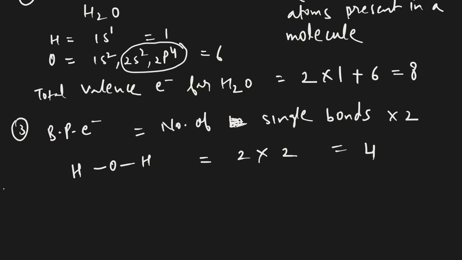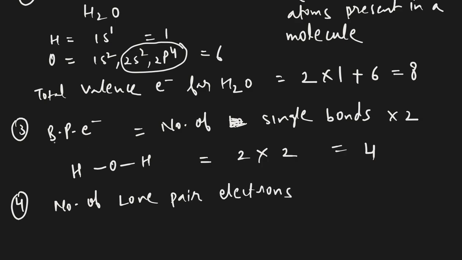Finally, we have the number of lone pair electrons.